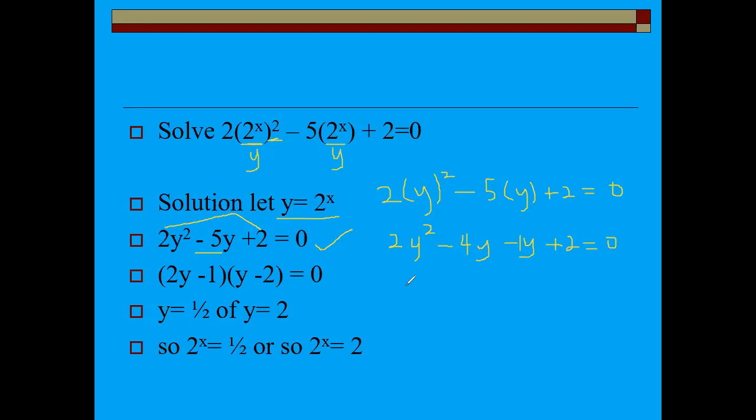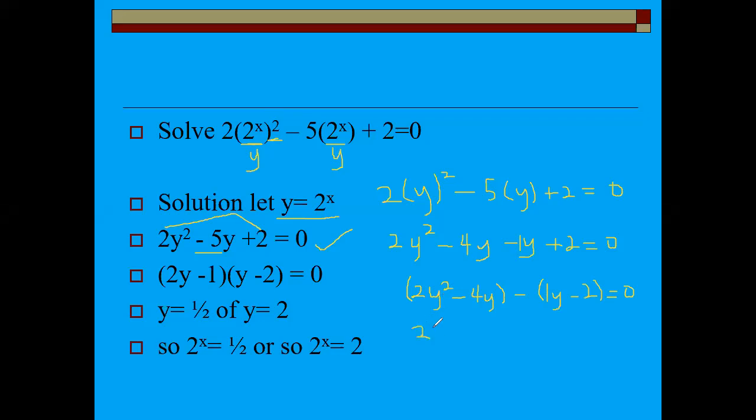So we want to group them. When we group, we'll get 2y squared minus 4y. Then when we group this side, we bring the negative out and group it. This will give us 1y minus 2 equals 0. Please follow carefully. Pay attention and stop raising your hands. So now we can factorize.